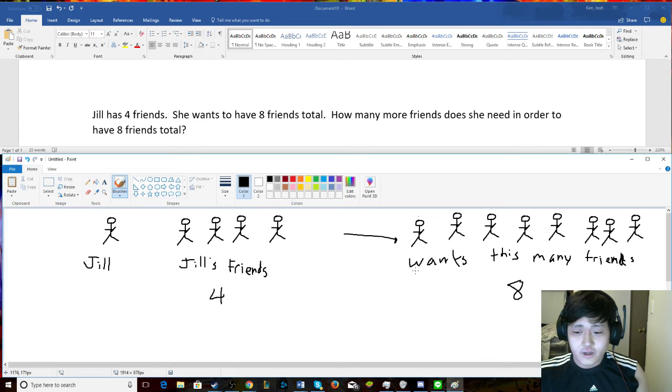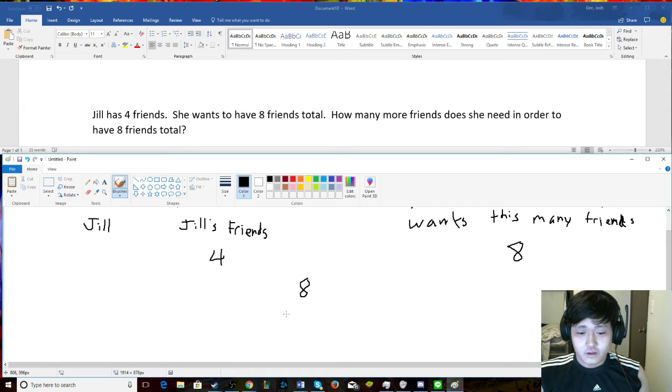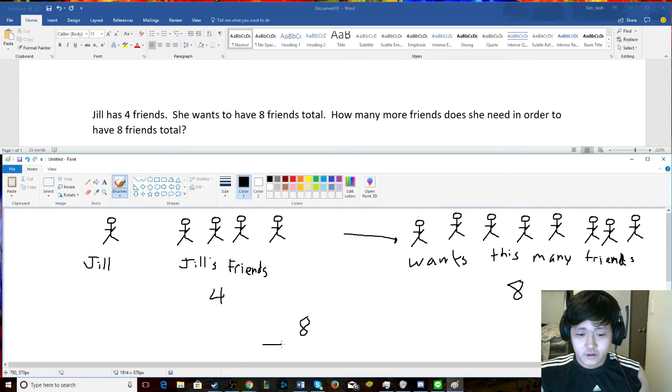So in order to find out how many friends are in the difference is a subtraction problem. When we use the word difference or how many more, it often means that it's a subtraction problem. So we take the total amount of friends wanted, and that's 8, and then we subtract how many friends she already has, and that would be 4.